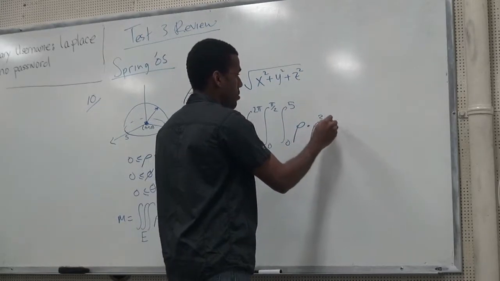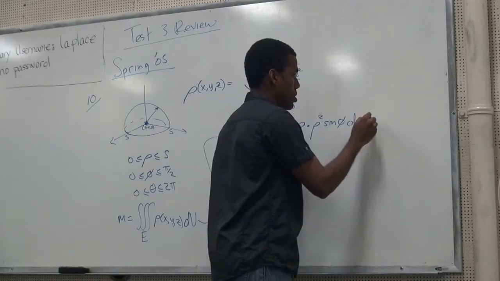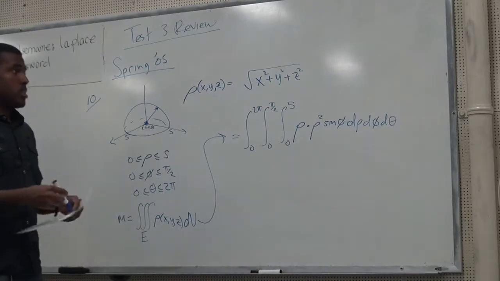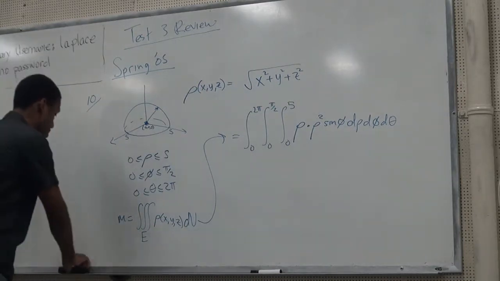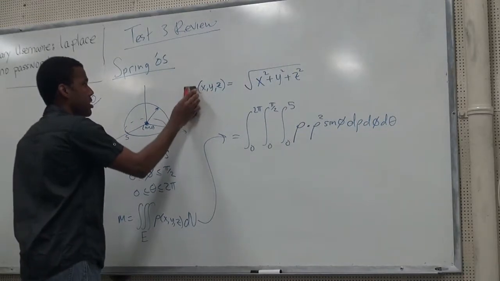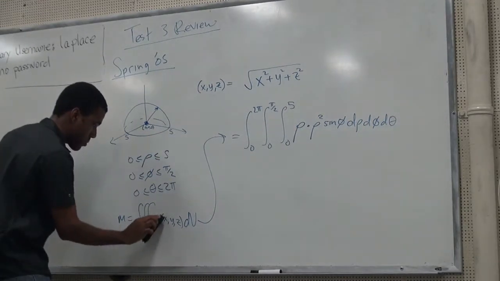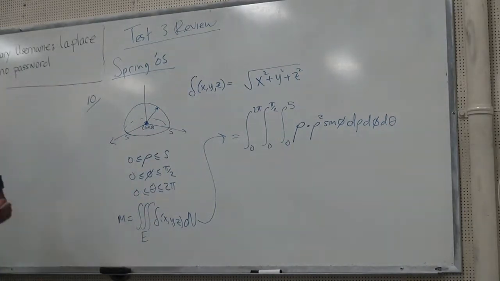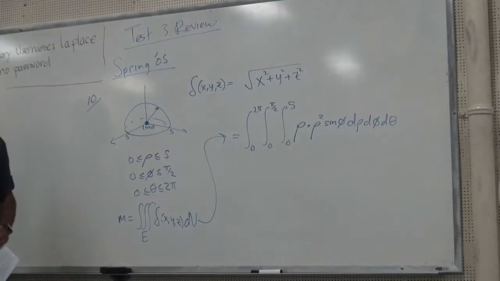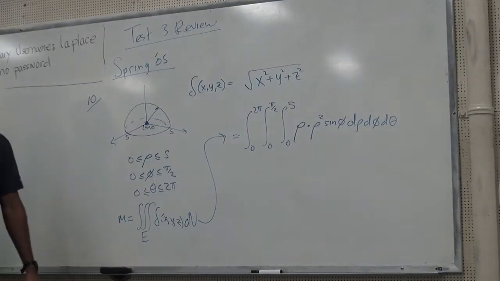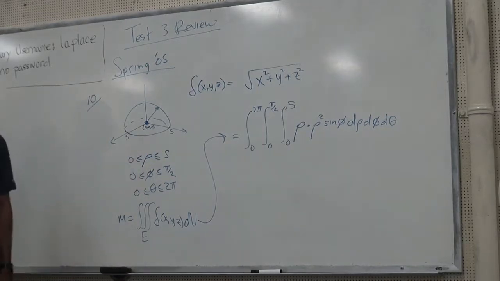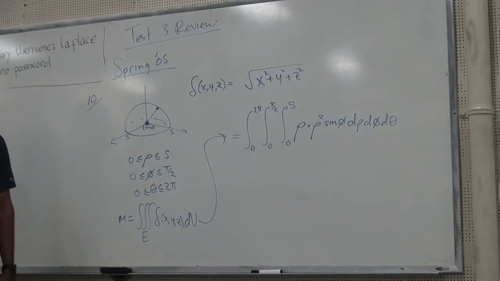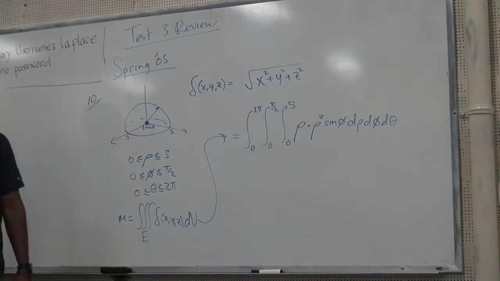So the top rho is the density, correct? Yes, this is the density function. Don't confuse this rho with that rho. They're actually two different rhos. To avoid confusion, I can call this one something different, like D or whatever you want, because you can't really have rho on both sides.